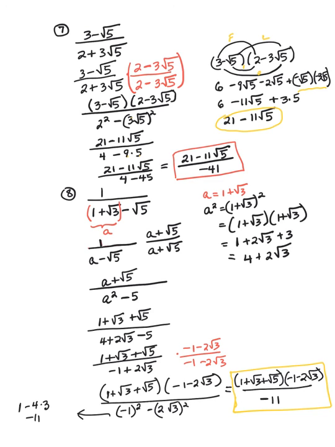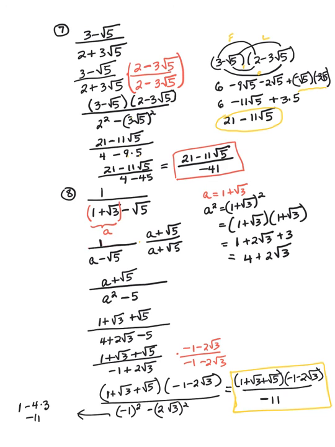Number 8 is a trickier problem, because now I would like to use that conjugate rule. So what we do is we group the first 2 terms together. Let's call it A. So our problem becomes 1 over A minus root 5.